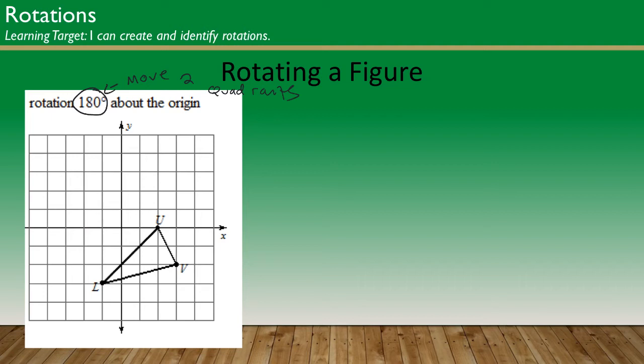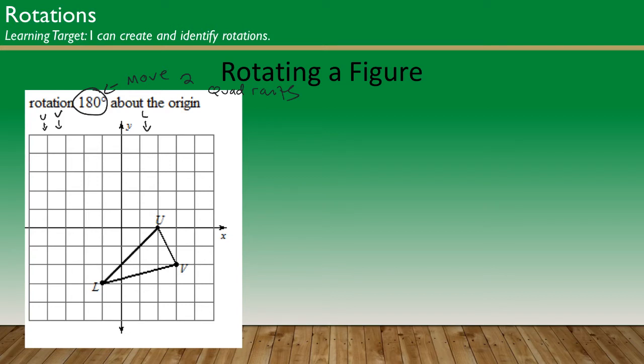So that means that U will move over into this quadrant over here. So U is going to go there. V, if it moves 2 quadrants, V will also go in this quadrant. But L is actually going to be in this quadrant.